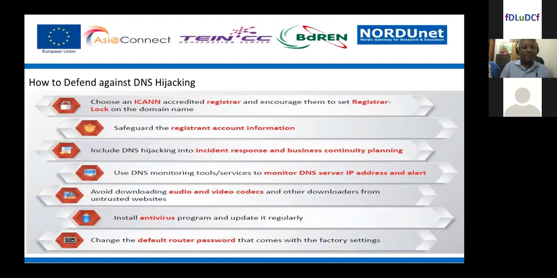Now, choose an ICANN accredited registrar, because ICANN is a security organization, and use their accredited registrar. Encourage them to set a registrar lock on the domain name, and you have to lock the registrar on the domain name and safeguard the registered account information.